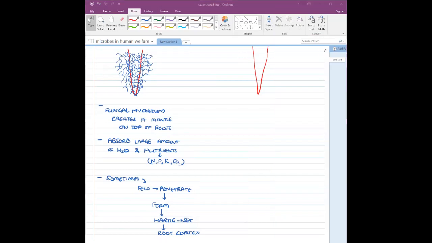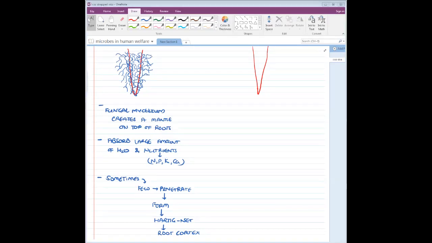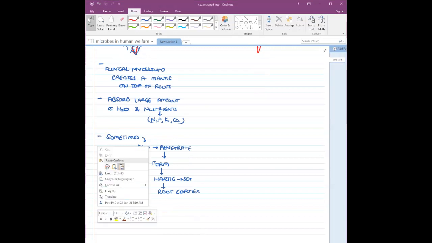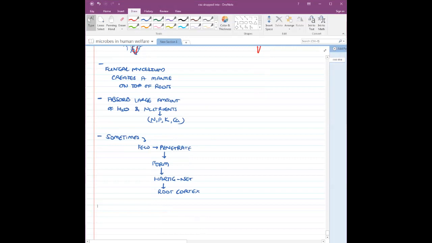So one second, guys, let me show you this Hartig net structure. First of all, this is how your ectomycorrhiza is going to look.